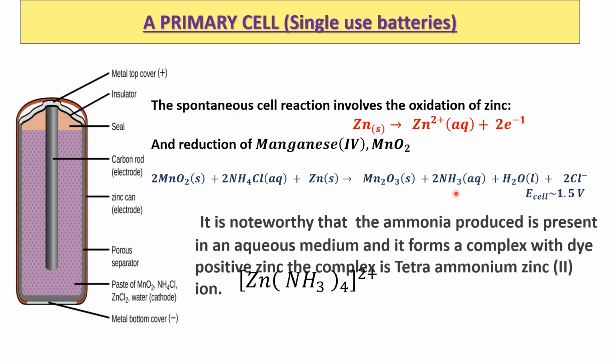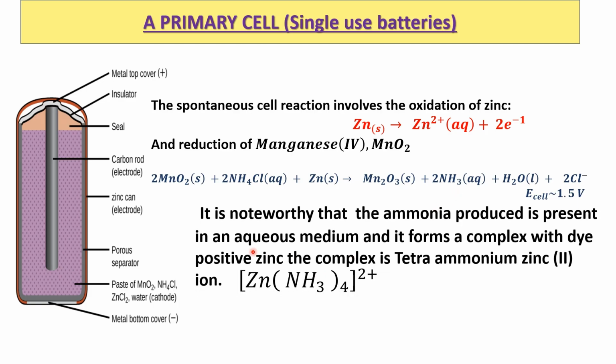So what happens is that this aqueous ammonia in aqueous medium forms a complex with positive zinc, which is known as [Zn(NH3)4]2+, tetraamminezinc(II) ion. That's there.